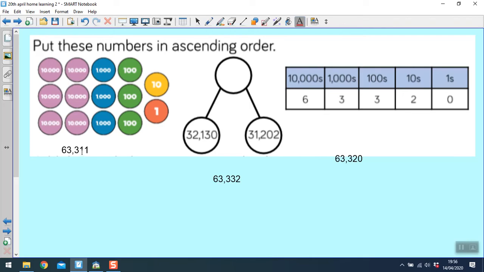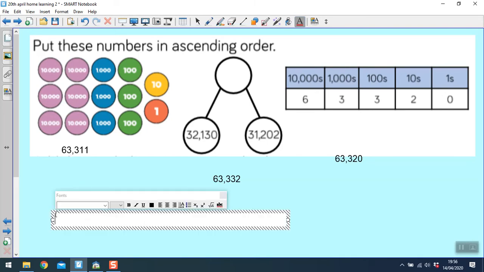I've got 1 ten, 3 tens, and 2 tens. So this has only got 1 ten, which means this is the smallest number. 63,311 is the smallest number. This has got 2 tens and this has got 3 tens. So 63,320 is the second, and then the biggest number is 63,332.